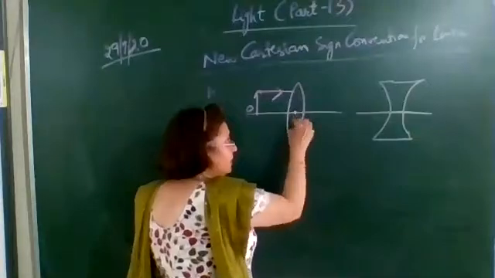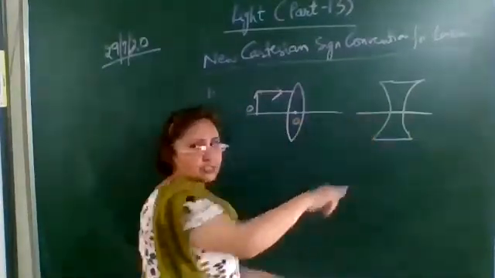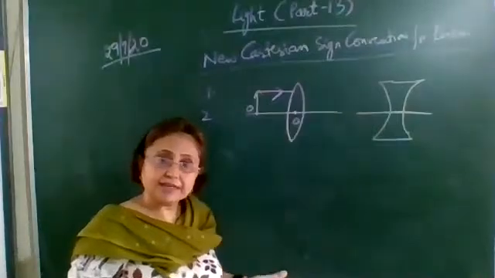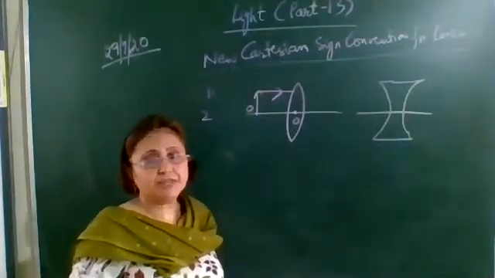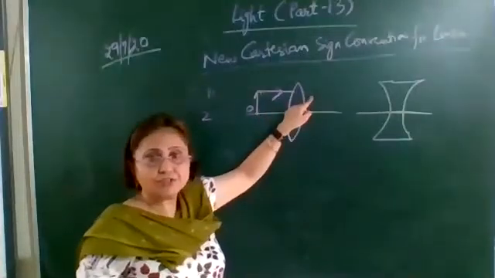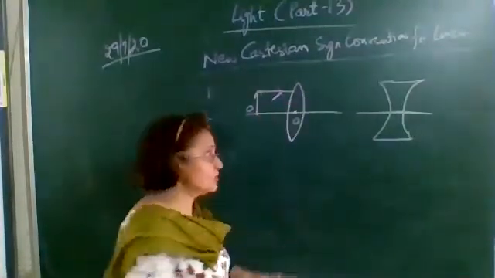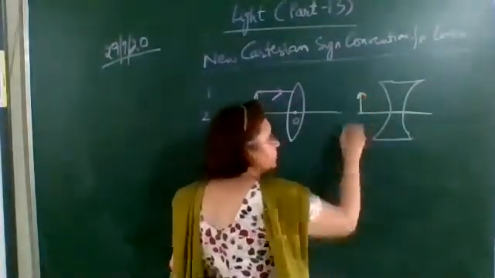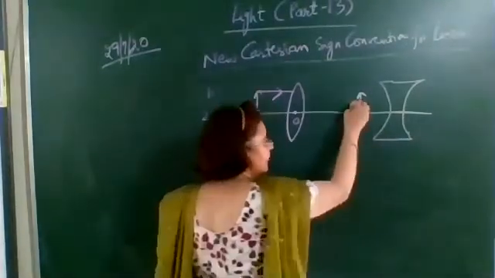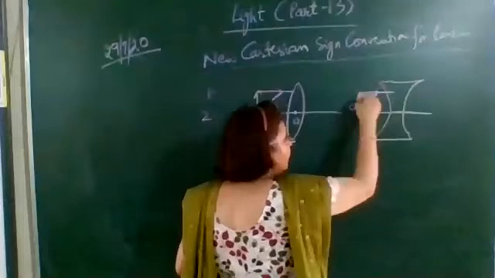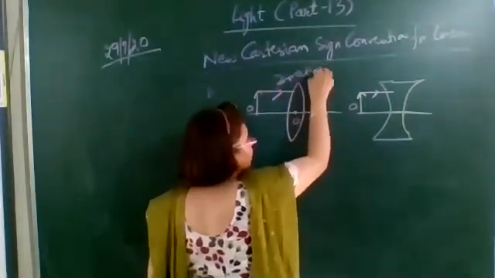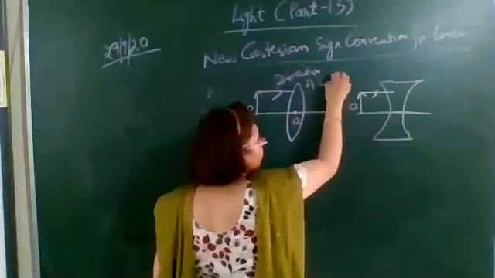So from the optical center, all distances measured along the direction of incident light, that is towards right, towards positive x-axis, will be taken as positive, and the distances measured opposite to the direction of the incident light will be taken as negative. So this is the object, this is the direction of incident light.